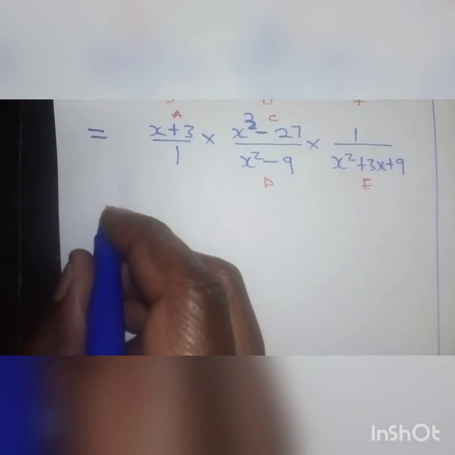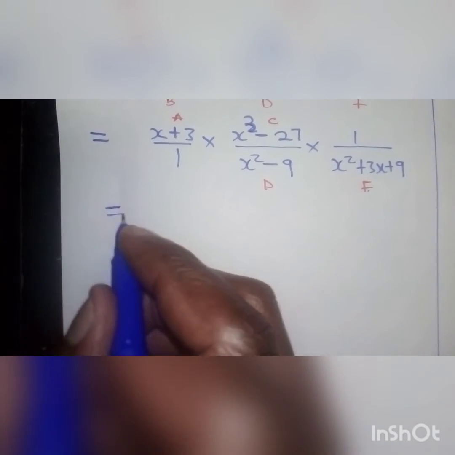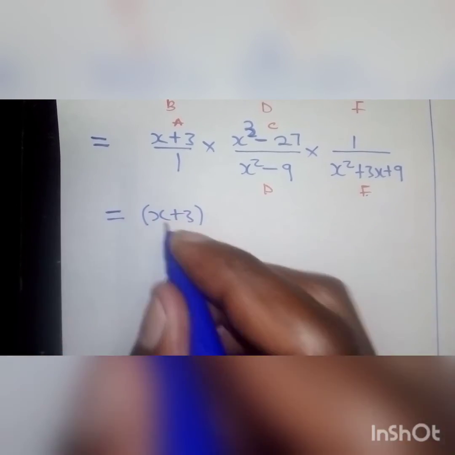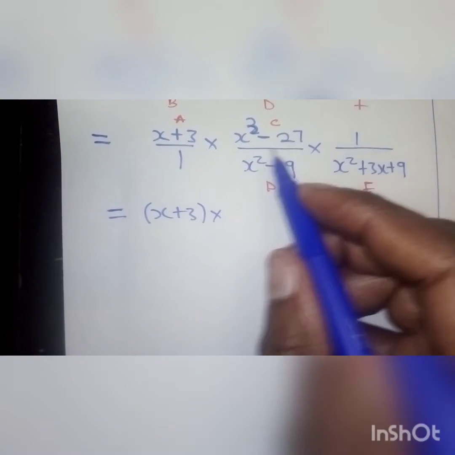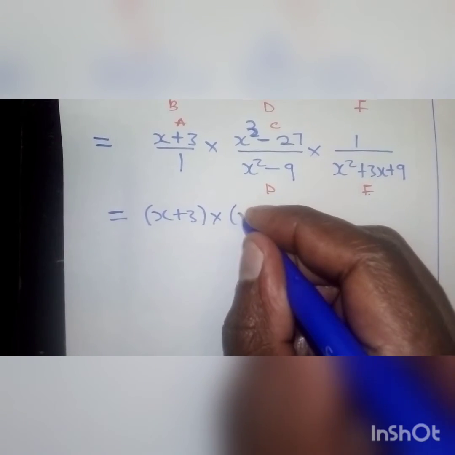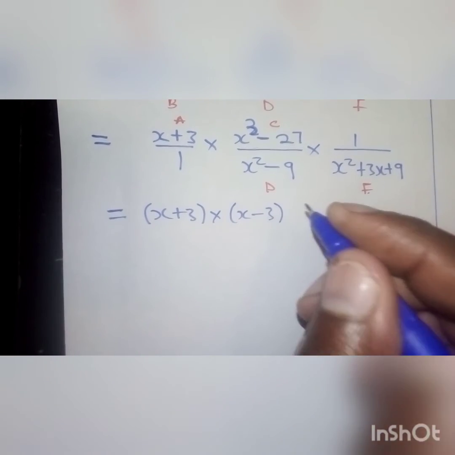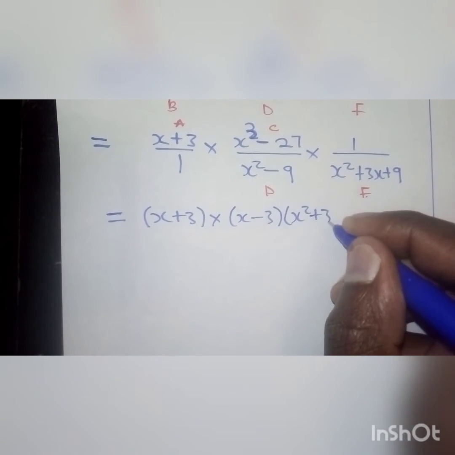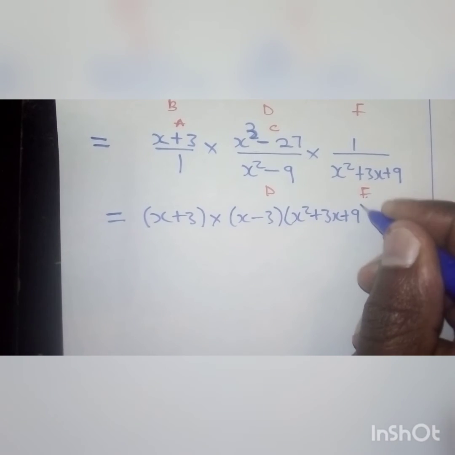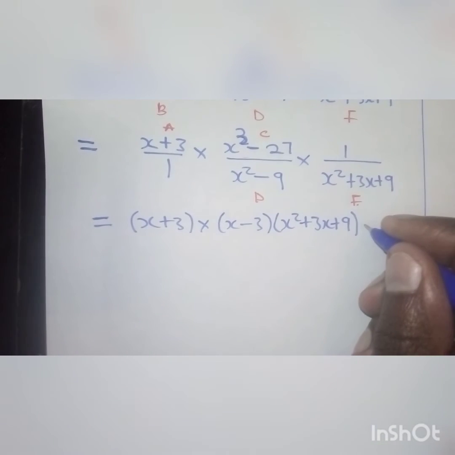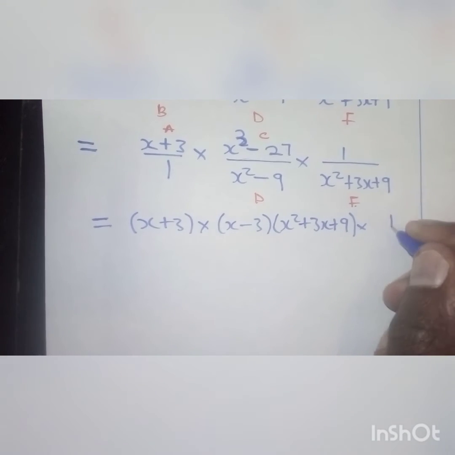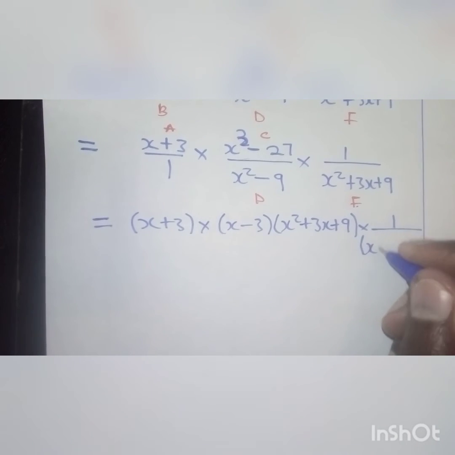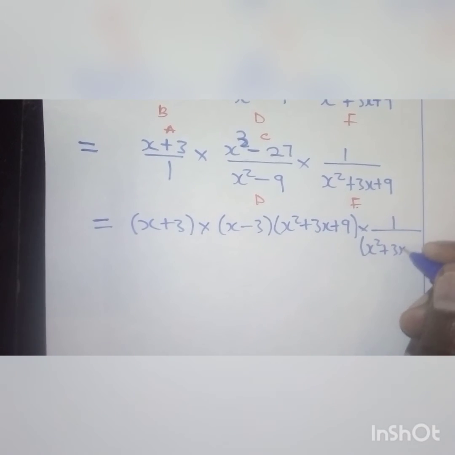So from our working, we have seen that this is equal to x plus 3, let us put it in brackets, multiplied by the difference of two cubes, x minus 3 times x squared plus 3x plus 9, over the difference of two squares, x plus 3 times x minus 3, multiplied by 1 over x squared plus 3x plus 9.